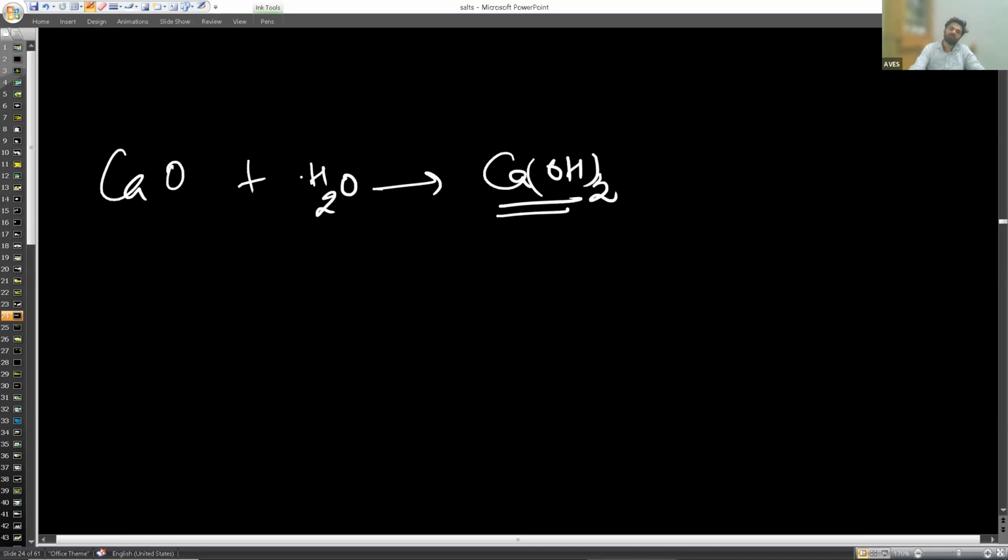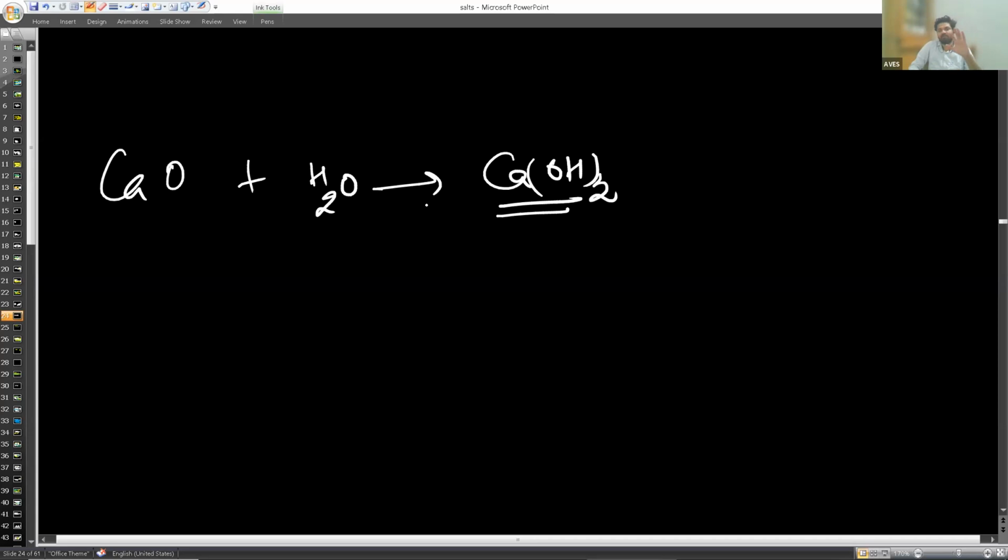Now, this is calcium hydroxide, called slaked lime, and it has a watery part. For example, we make curd at home. How many of you have made curd at home? Sometimes we have milk, and we add a small amount of curd to that milk.